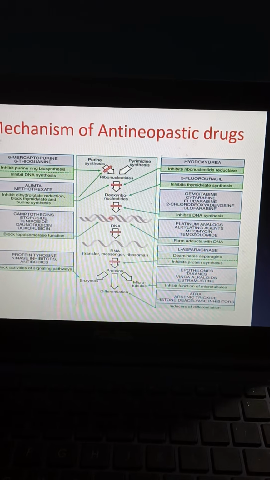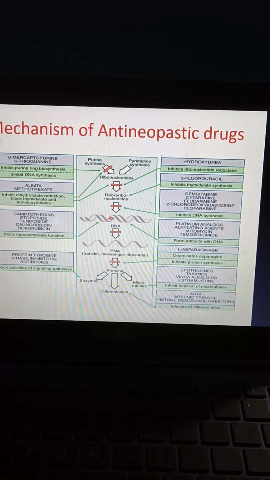And ATRA, arsenic trioxide, and histone deacetylase inhibitors are inducers of differentiation, and they cause more and more differentiation. In this way, these are some of the complex mechanisms of antineoplastic drugs.